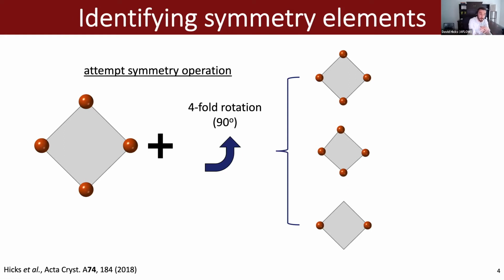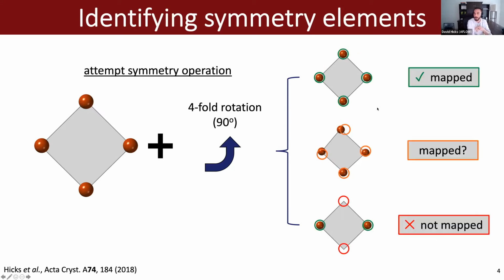You take this set of atom positions, apply, let's say, a fourfold rotation, and see how the original atom set superimposes onto the transformed atom set. If they superimpose perfectly or within a certain threshold, then you would say this is a symmetry that your crystal exhibits. There are three different scenarios you might encounter.